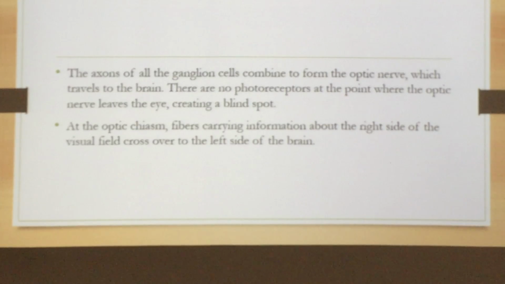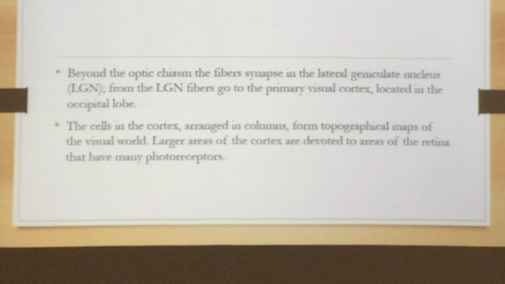At the optic chiasm, the fibers carrying the information about the right side of the visual field cross over to the left side of the brain, okay? Beyond the optic chiasm, the fibers will synapse in the lateral geniculate nucleus. From there, the fibers will go to the visual cortex located in the occipital lobe.